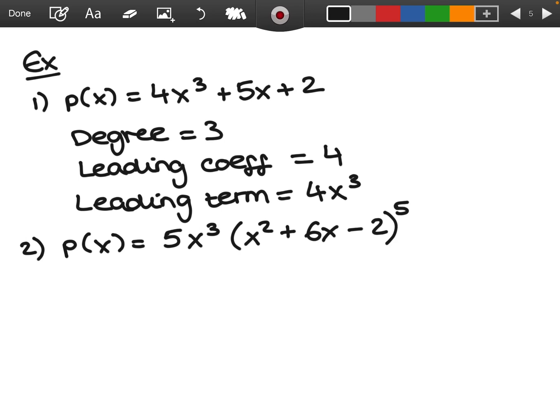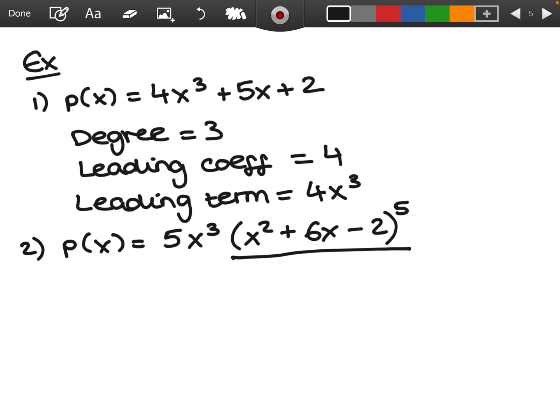If we're looking at the degree, that is the highest power of x that we could possibly have. When we do this, and if you were to multiply all this out, first thing I want you to look at is what would the power of x be that has the highest degree if I were to multiply all this out? Well, that highest power of x would come from multiplying x squared by itself 5 times.